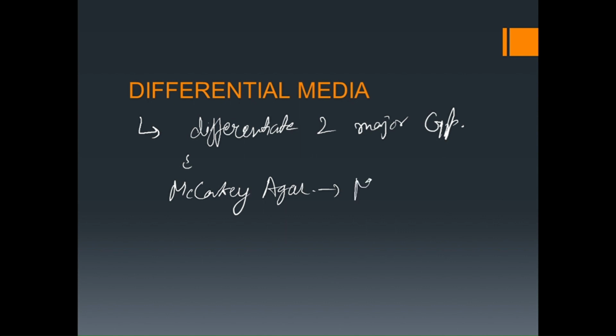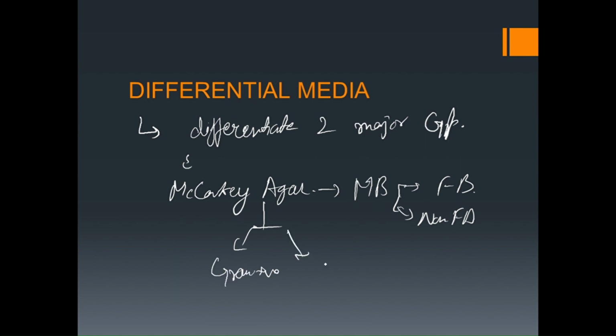If we add methylene blue, we can differentiate fermenting bacteria and non-fermenting bacteria. Similarly, this can also differentiate between gram positive and gram negative bacteria.